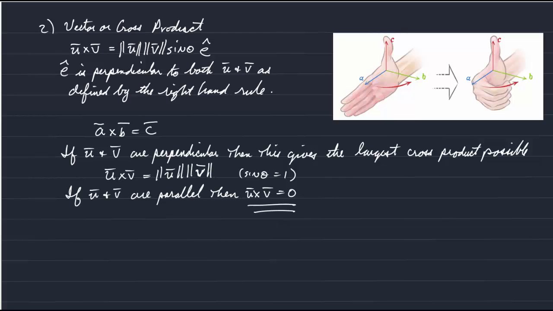And going over some properties of the cross product, U cross V is anti-commutative to V cross U. In other words, the order of the product matters.